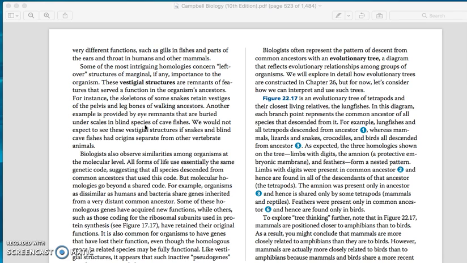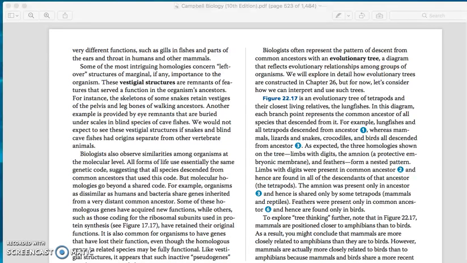Some of the most intriguing homologies concern leftover structures of marginal, if any, importance to the organism. These vestigial structures are remnants of features that served a function in the organism's ancestors. I know what structures are, but I do not know what vestigial is. On Google it says an organ or a body part that has become functionless in the course of evolution.